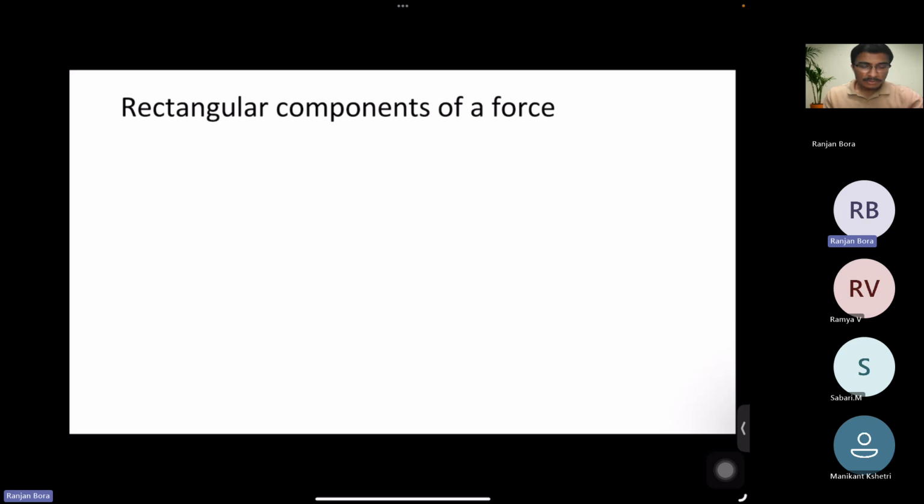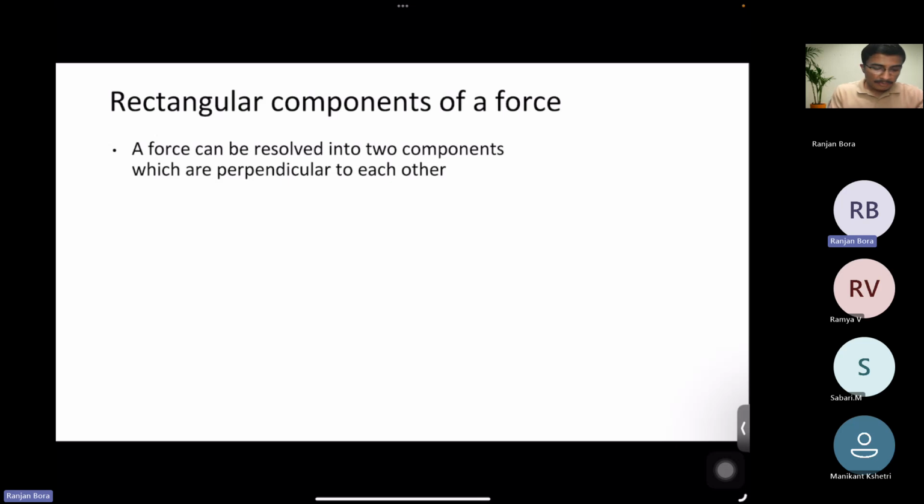Next, one more concept is the rectangular components of a force. It means a force can be resolved into two components which are perpendicular to each other. You can see it in this figure. There is one force F which is acting in this direction at an angle theta from the x-axis. So we can resolve this force into two components along the x and y axis. Here the x component is Fx and the y component is Fy.